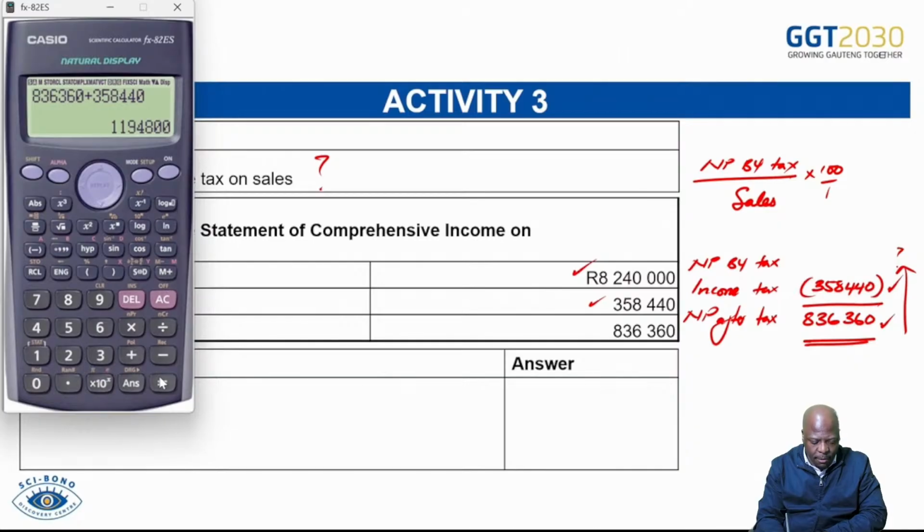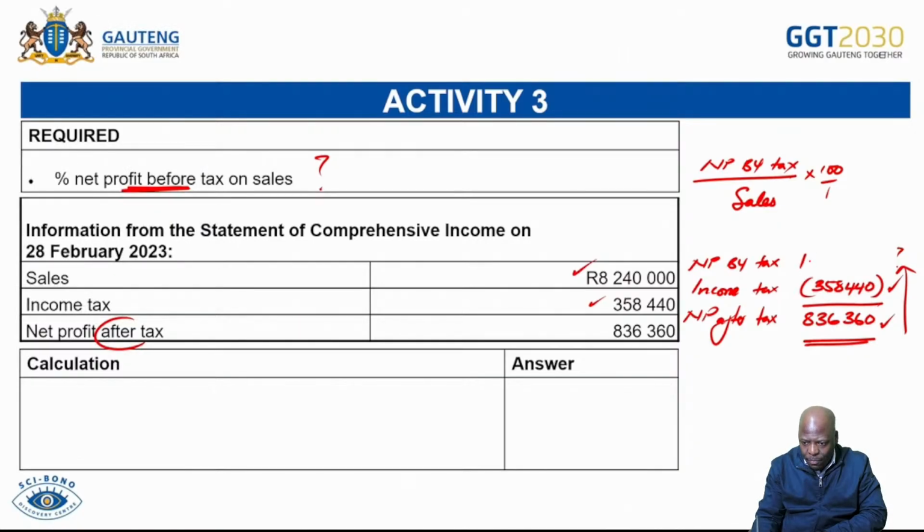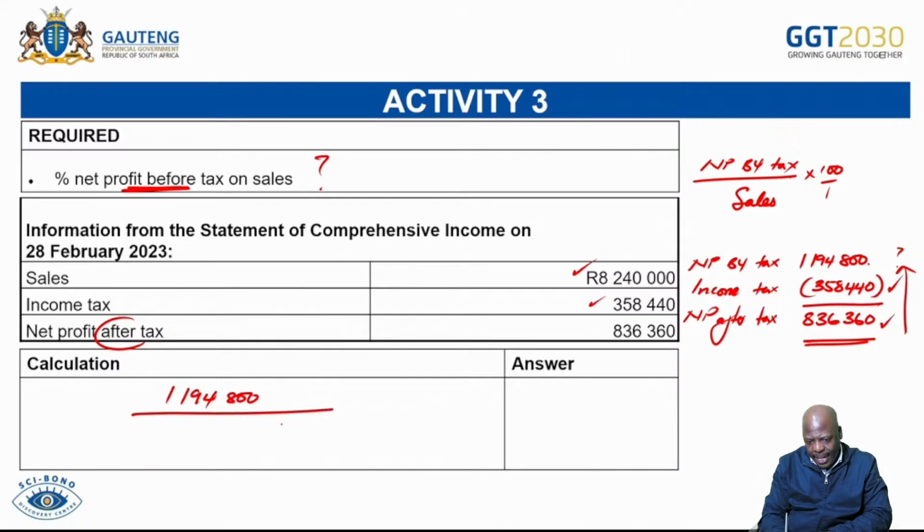And that is going to give you 1,194,800. That becomes your net profit before tax. So when I come here, my net profit before tax is 1,194,800, like that.